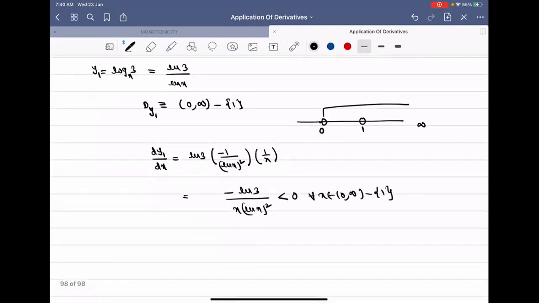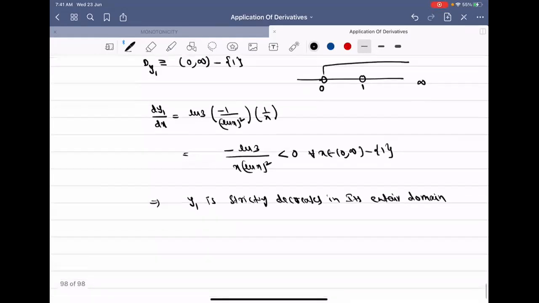That implies y1 is a decreasing function, strictly decreasing in its entire domain.